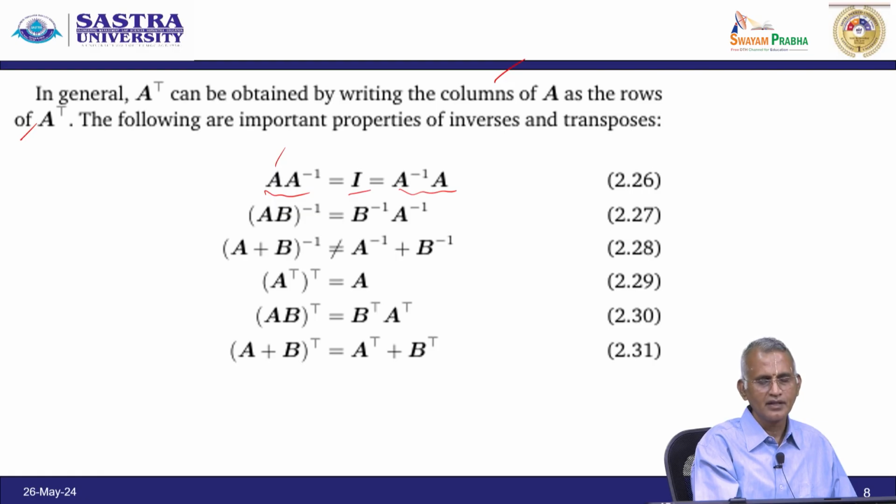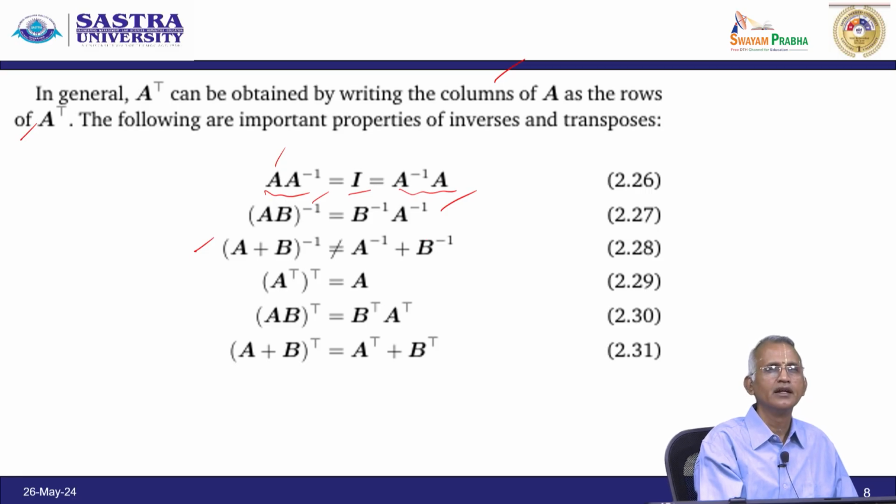Another is, if you take matrix A and matrix B, multiply them, and find the inverse, the result is B inverse into A inverse. And the third one is, if you take two matrices A and B, add them, and find the inverse, it is definitely not equal to the sum of the individual inverses, that is A inverse plus B inverse. They are definitely not equal to one another.